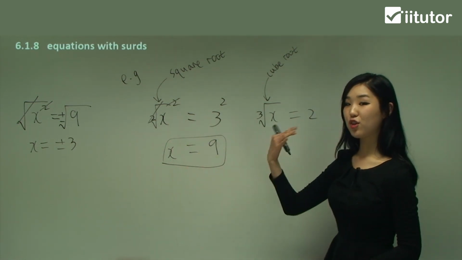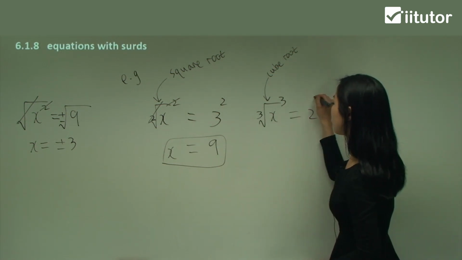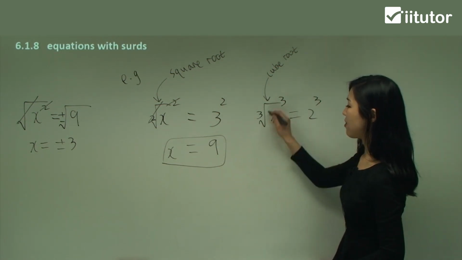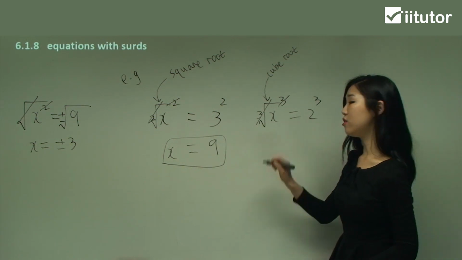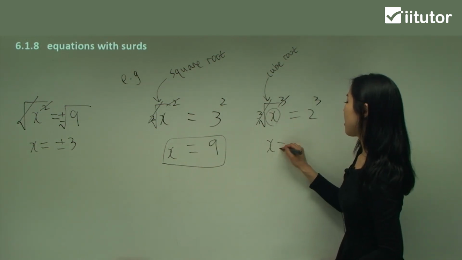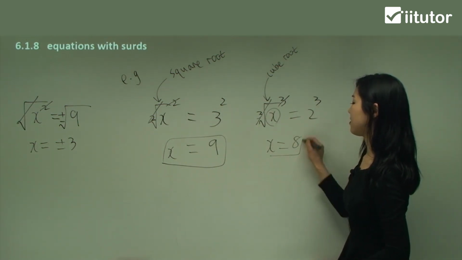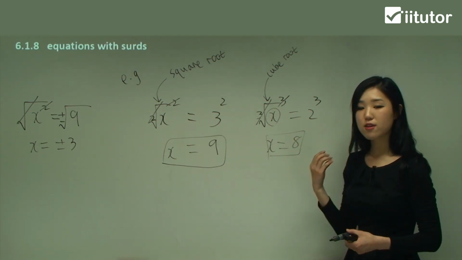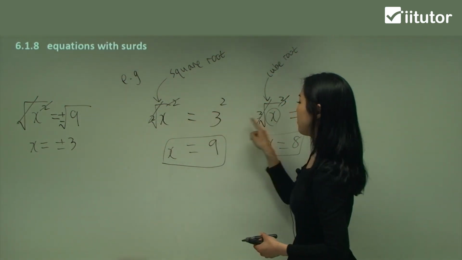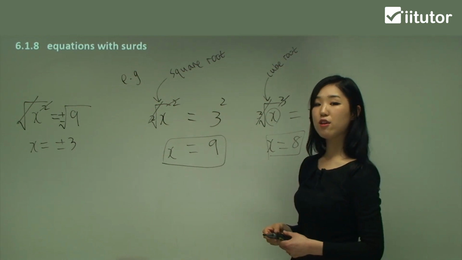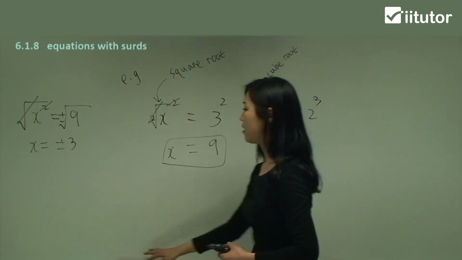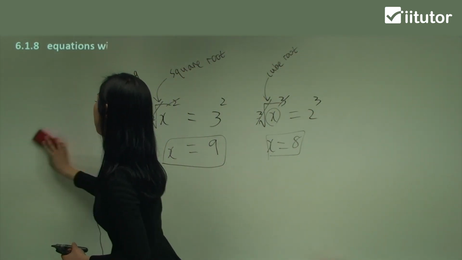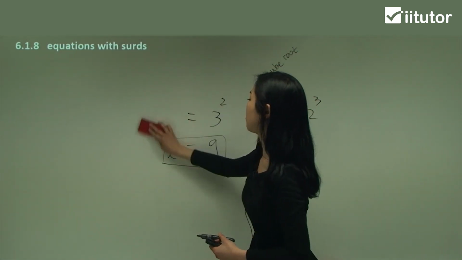You would cube both sides, and the cube root and the cube will cancel to just have x, and 2 cubed is 8. That's the answer. So you've got to remember what the root is, if it's a square root or a cube root, and you power it to the same number. That's the idea. Not too hard, it's actually really, really simple.